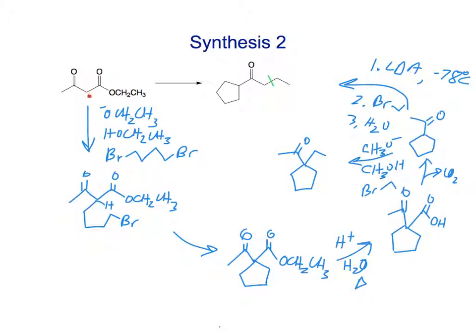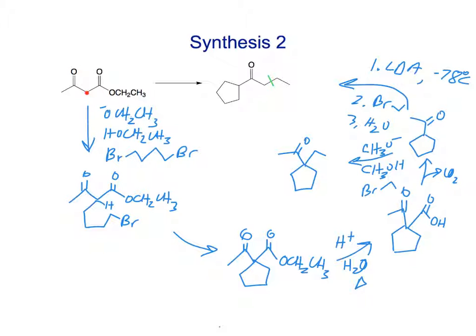And because, remember, this position here, the pKa is down at, like, 10 or 11 or something. So it's really quite acidic, and this is strong enough to fully deprotonate that. So the question was, is there a reason why we don't use LDA?